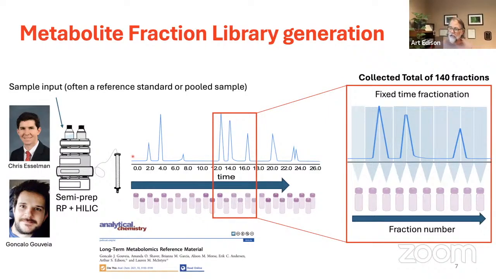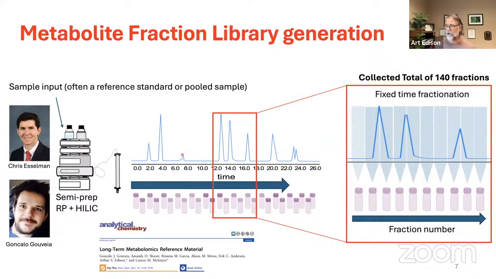In our case, we also have a very low resolution single quad mass spectrometer for a detector in addition to UV detection. There's actually a video that Chris made showing this process on our public YouTube site.